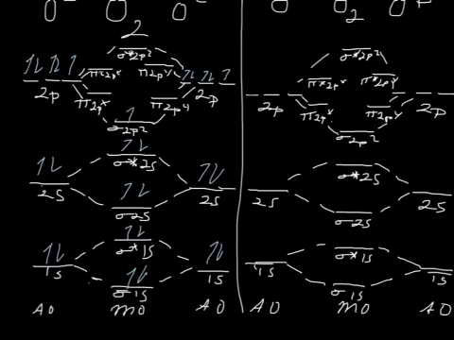We're going to have 1, 2, 3, 4, 5, 6. All right, we're done with our pi and our sigma bonds. Let's go to our sigma star and pi star bonds. We have 4 more electrons to work with, so we have 1, 2, 3, 4. All right, so that finishes off our O2.